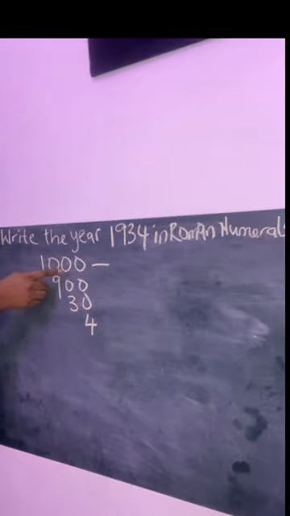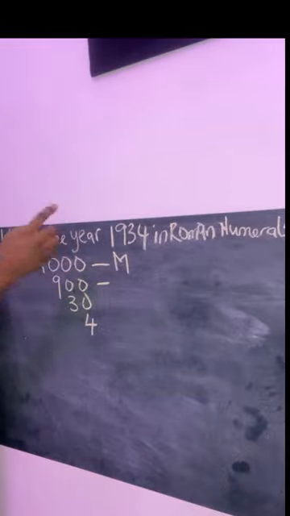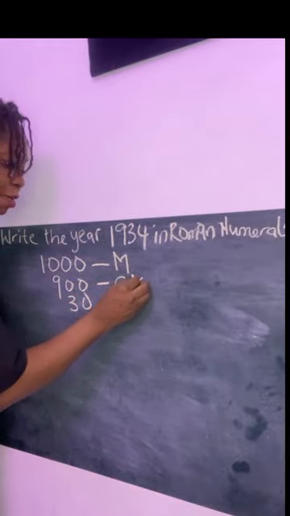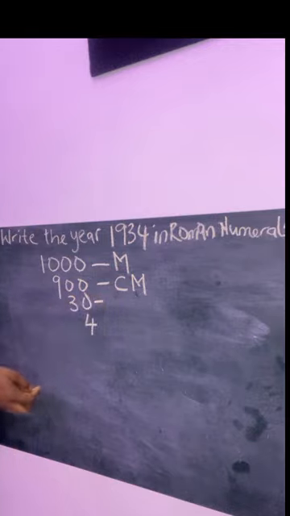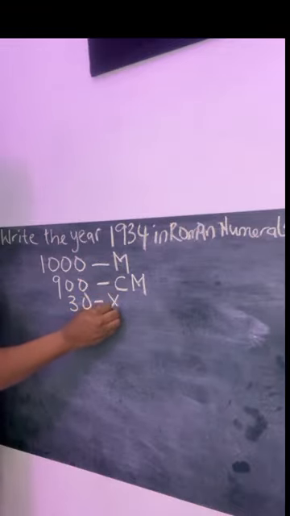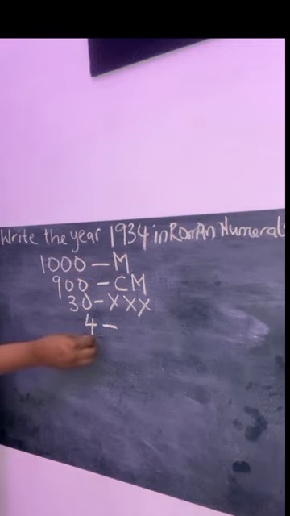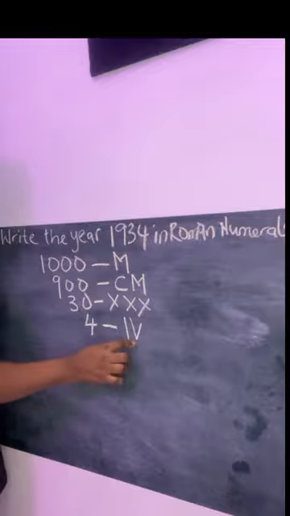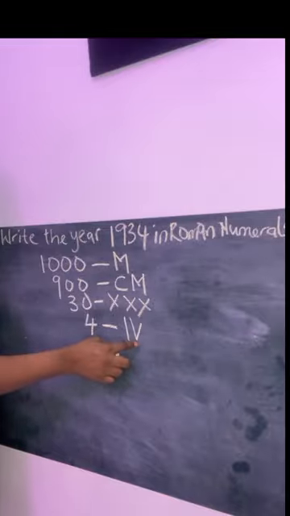Remember, our 1000 is M. 900 is CM, that is 1000 minus 100. Then our 30 is 10 in three places, that is XXX. Then what is our 4? Remember, our 4 is IV. Our V is 5, and I signifies 1. 5 minus 1 is 4. That is why our 4 stands for IV.